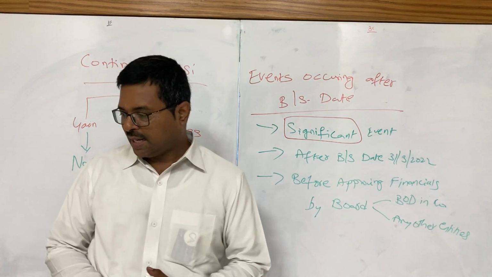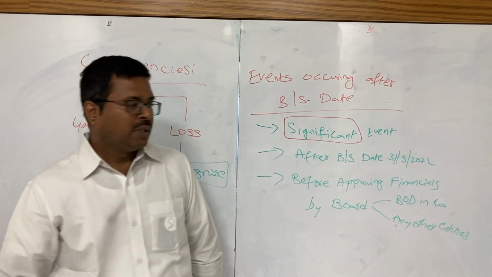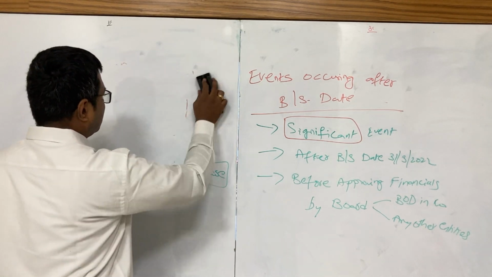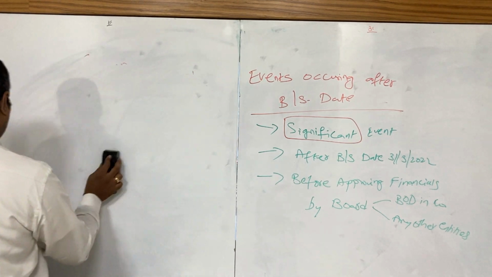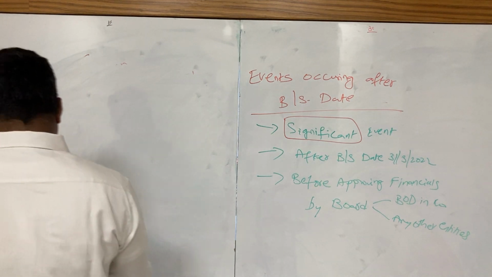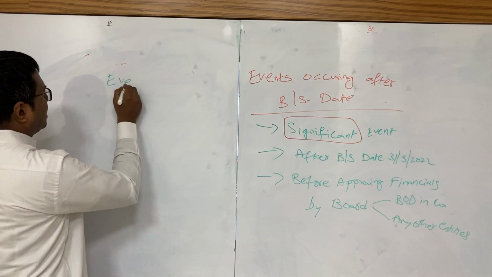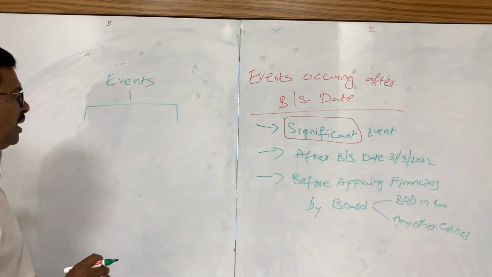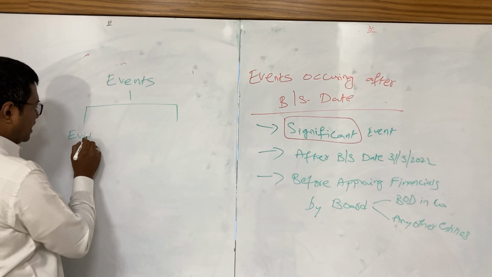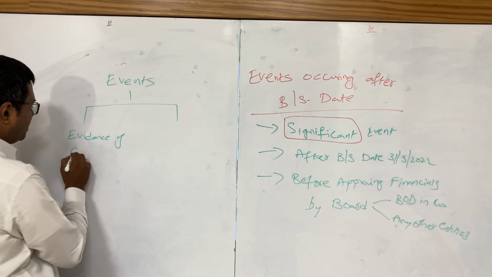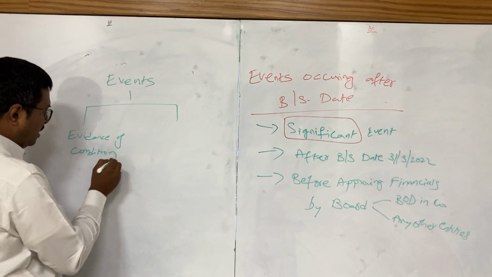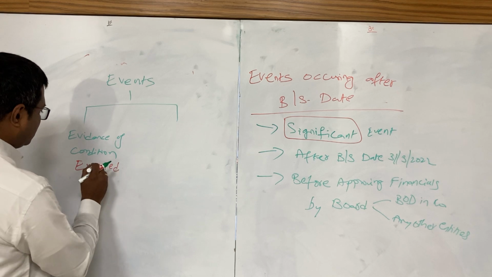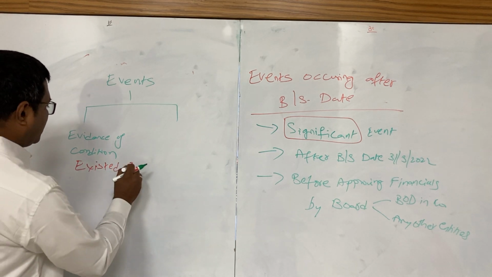Again, the standard gives more clarity on which kind of events have to be considered and which kind of events have not to be considered. For events occurring after the balance sheet date, there are two types of events. One where the evidence of such condition existed on the balance sheet date.